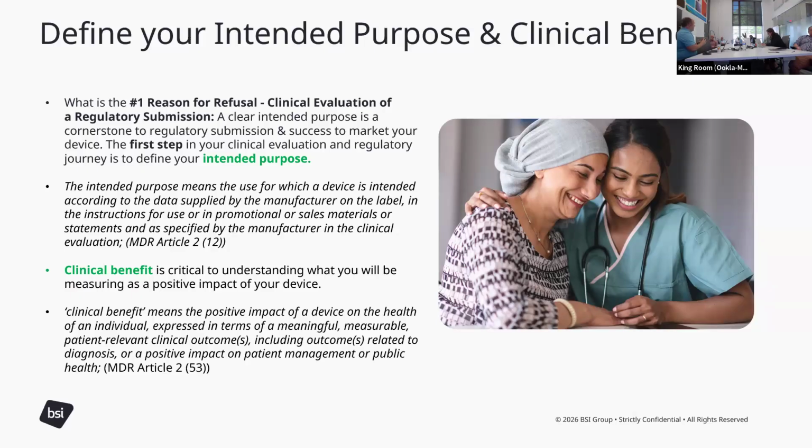What most companies want to do is say that it's intended for everywhere in the body. If you do that, we're going to look for clinical data for it to be able to work everywhere in the body. And that's going to cost you a small fortune because you'll need to cover a lot of different indications.